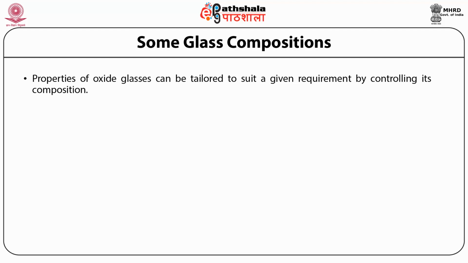Properties of oxide glasses can be tailored to suit a given requirement by controlling its composition. The basic constituents of a silicate glass are SiO2, Na2O, and CaO. As an example, in fiberglass, Na+ can react with moisture and degrade the glass.